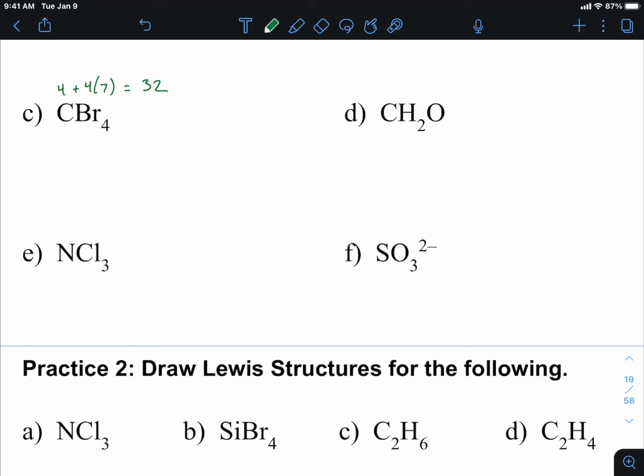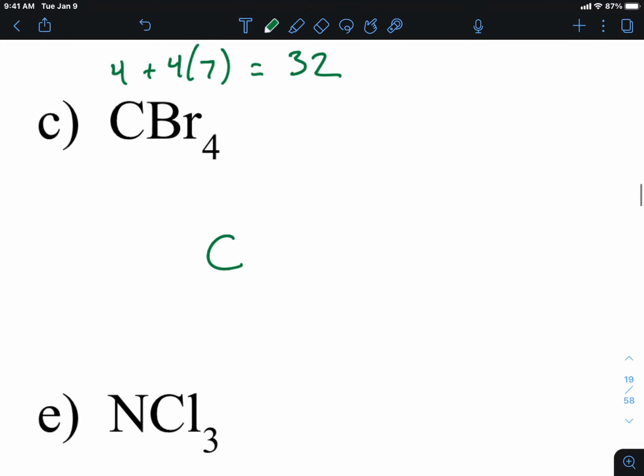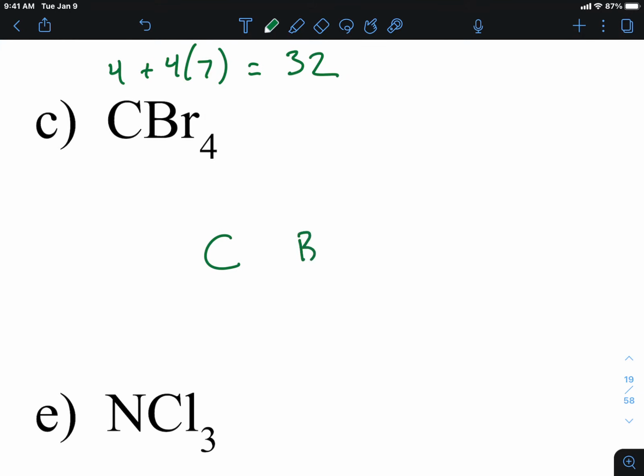It would make sense to put carbon in the center, right? Bromine, bromine, bromine, bromine. Next step, place your bonds. Okay, so how many electrons have I used in that diagram so far? 8. And I need to use 32 total. So we just start putting the pairs in.